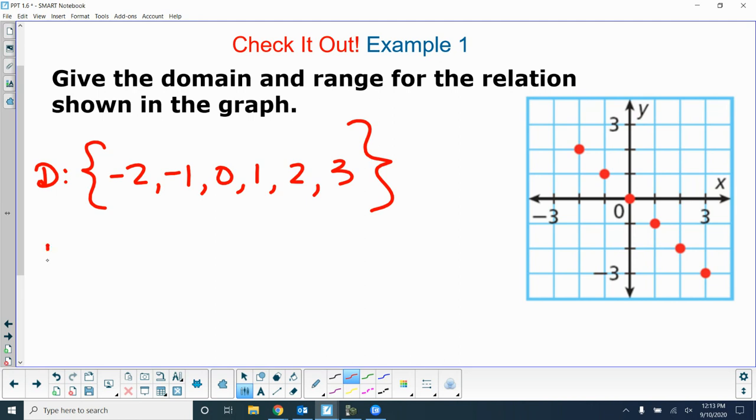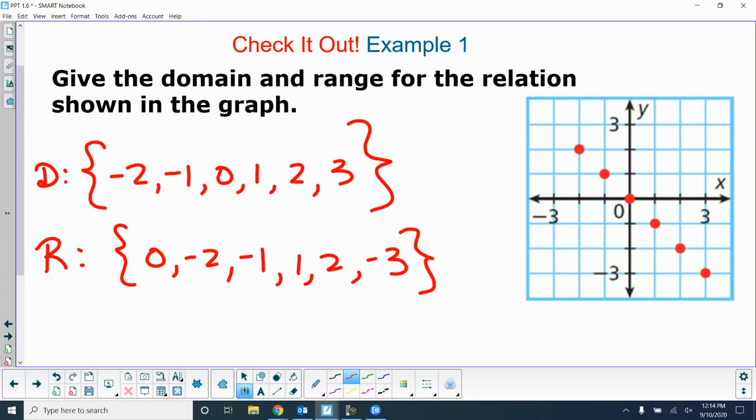Nathan, what's the range? Zero. It's the same thing as all. Yeah, you've got to look at it, there's going to be 6 of them. 1, 2, 3. Should be negative. Okay.